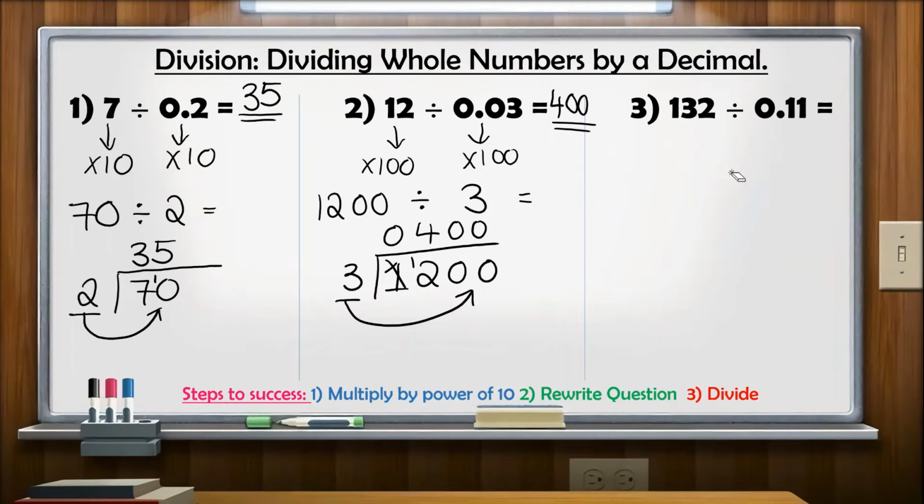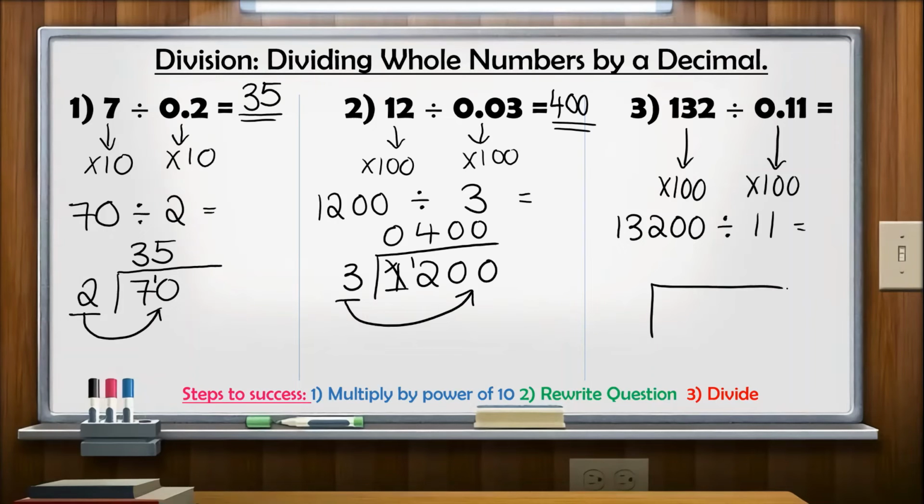So therefore, that means I'm going to multiply my 132 by 100 also. So now that step 1 is complete, I move on to step 2, which is to rewrite the question. So I have 13,200 divided by 11.